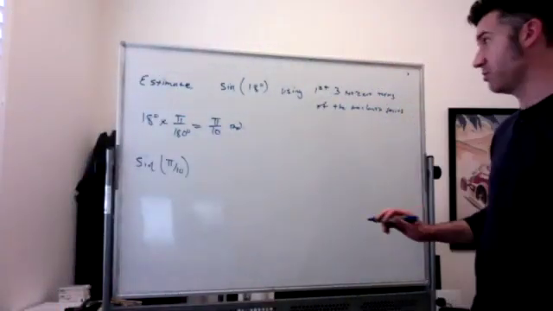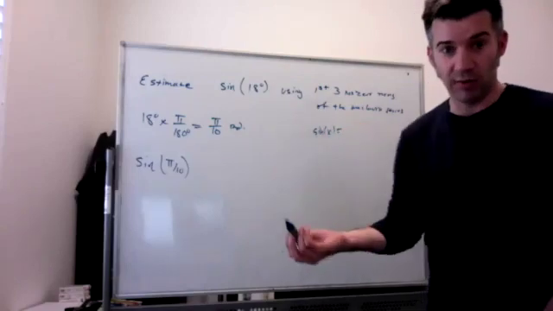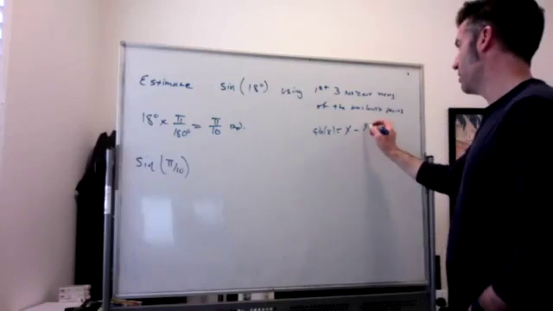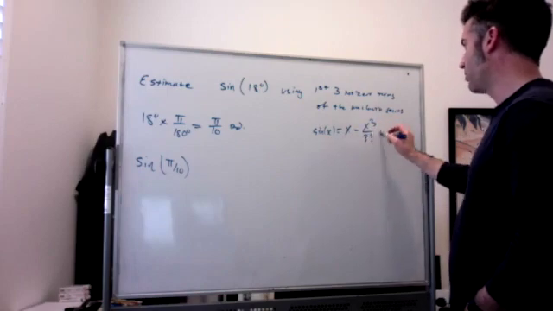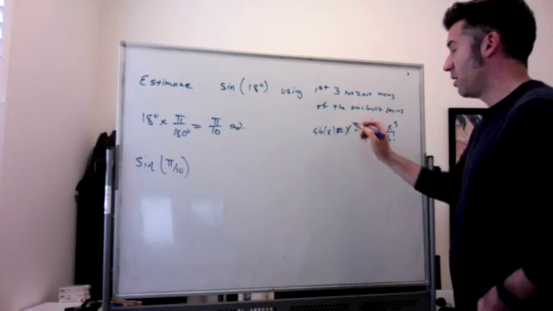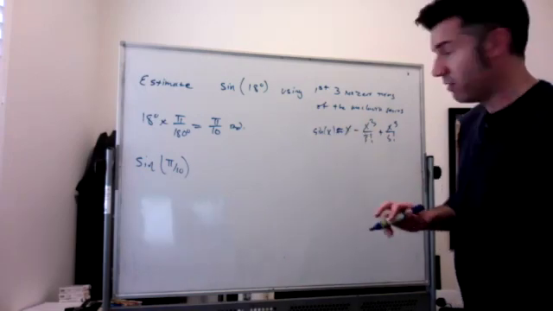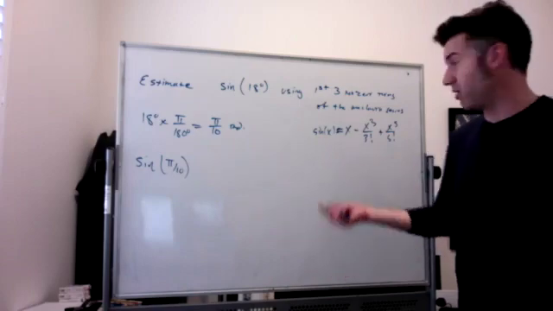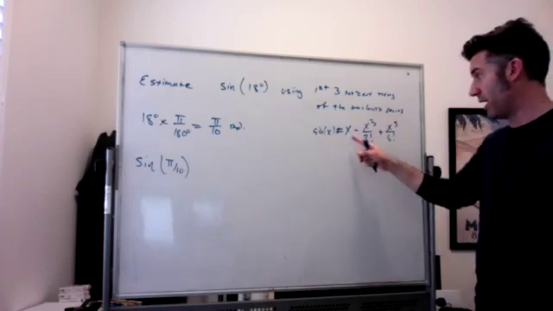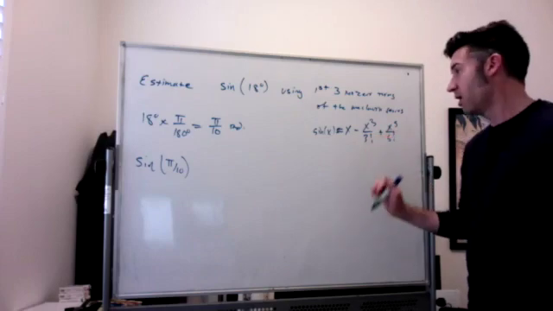I'm using the first three non-zero terms, and we know that sine of x is, again, the odd ones. So it's x minus x cubed over 3 factorial plus x to the 5th over 5 factorial. I want to point out, if someone says the first three non-zero terms versus the third degree, the third degree Taylor polynomial would just be x minus x cubed over 3 factorial, because that's where you end the third degree.